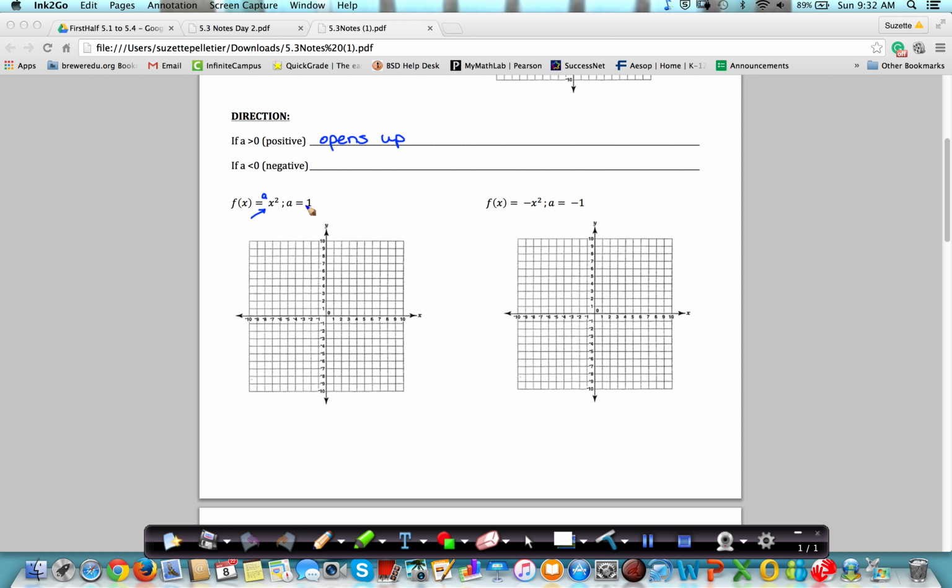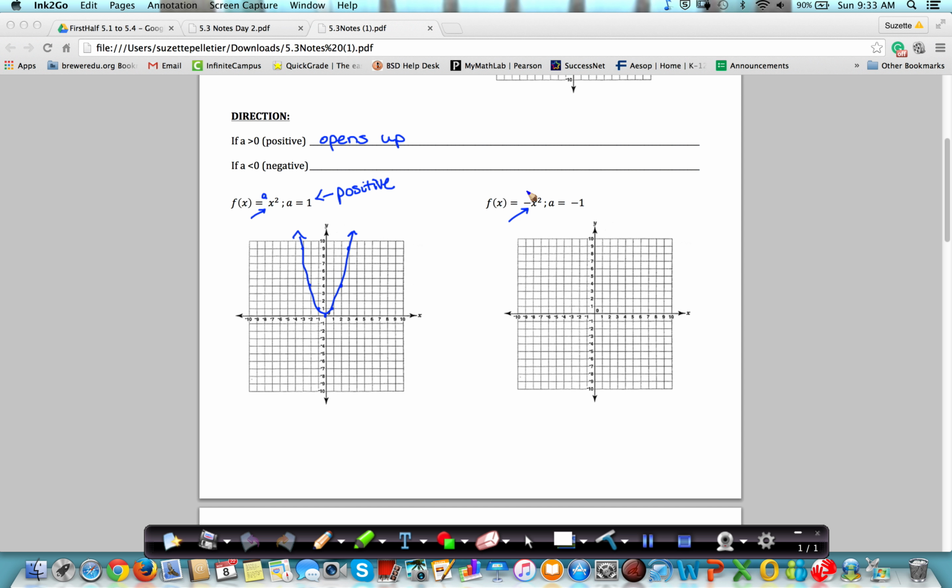Okay, so when A is positive, it's going to open up. So my graph's going to be here, 2, 4, 3, 9. Knowing it's just the normal shape, I can just very easily plot my points. Okay, and so it's going to open upward. There we go.